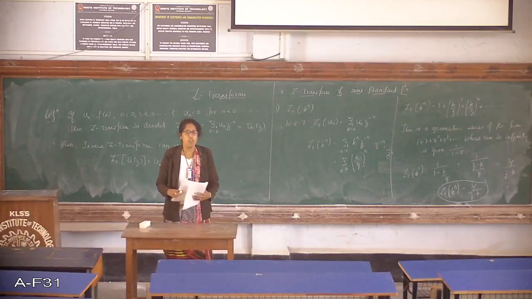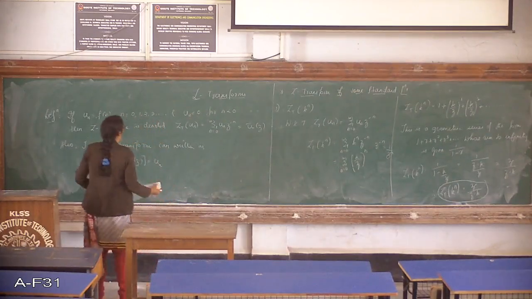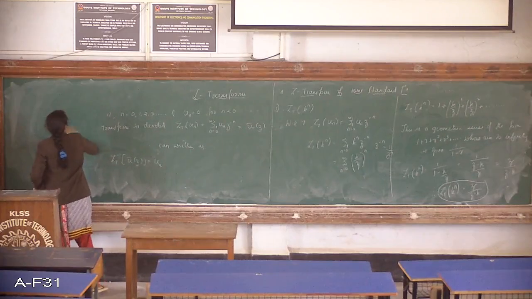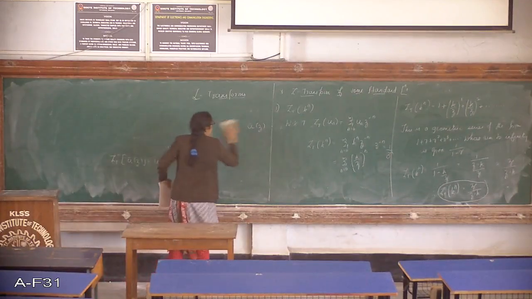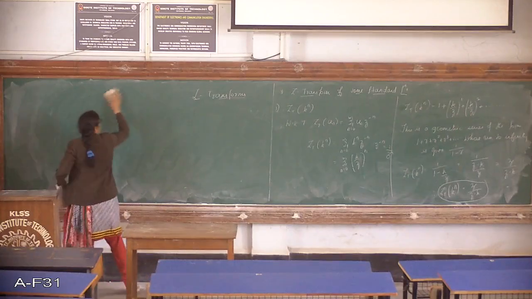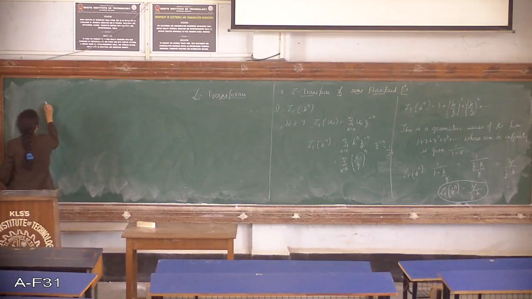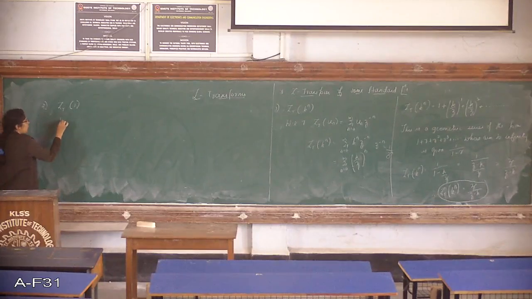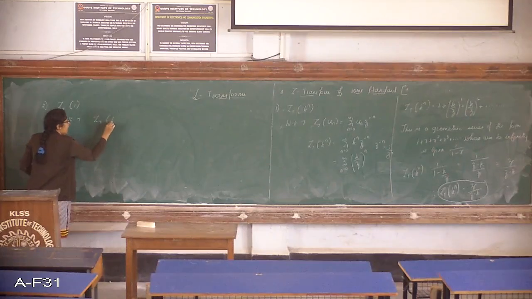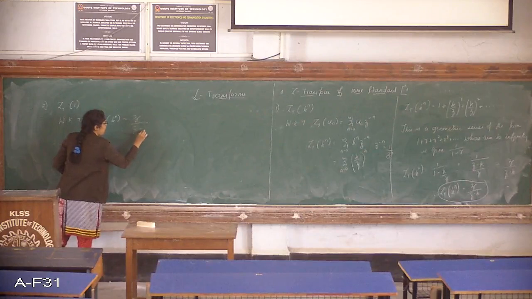Now let us go for a very particular case of what can be the z transform of 1. The second one we shall be discussing will be a particular case of the z transform of k raised to n. Second thing we are discussing is the z transform of 1. Just now we have found out that the z transform of k raised to n is nothing but z by z minus k.